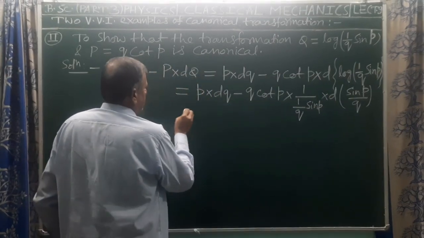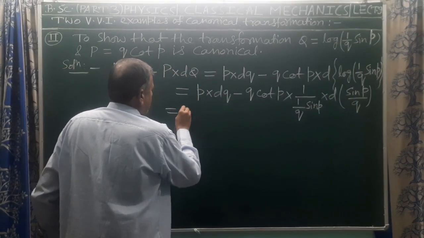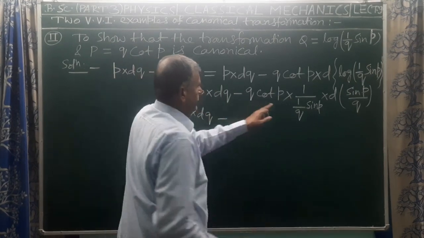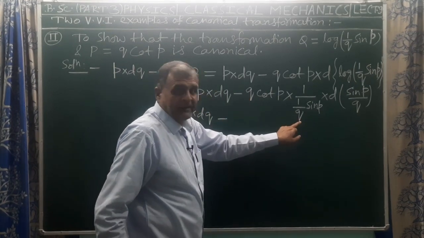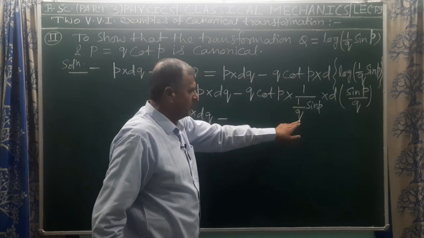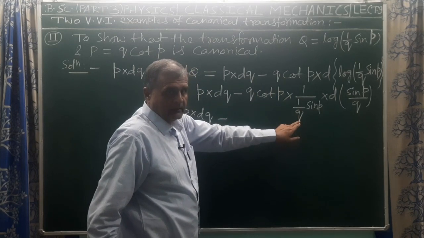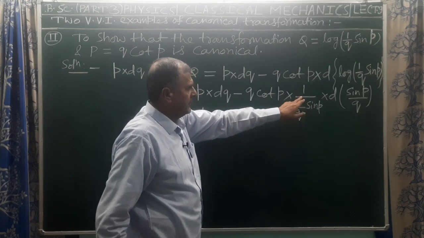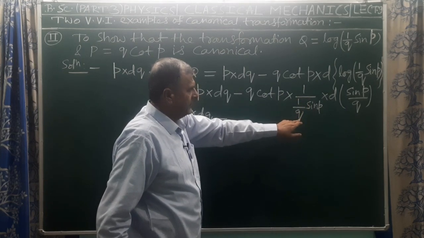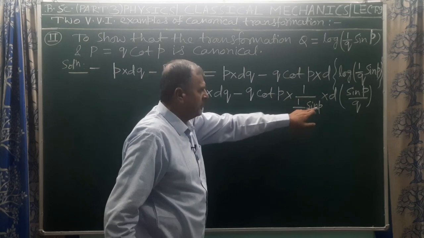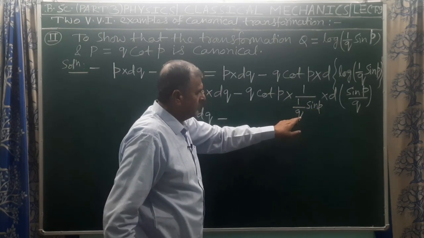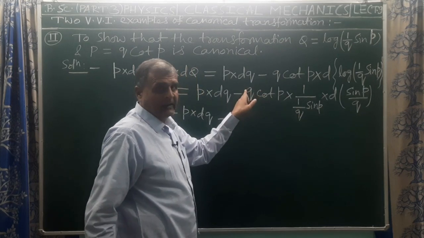Now we have small p into dq minus small q multiplied by small q cot p, with the term 1 by small q in the denominator, that is 1 upon 1 by small q into sin p. So 1 by small q, that is q, the term q will multiply in the numerator.